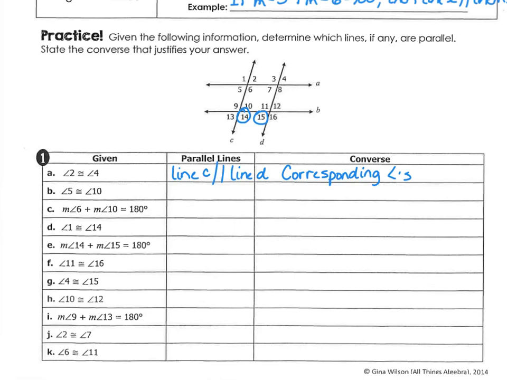Since those are consecutive interior angles and they are supplementary, we have enough information to say that line C is parallel to line D. And again, this time the reason is the consecutive interior angles converse.